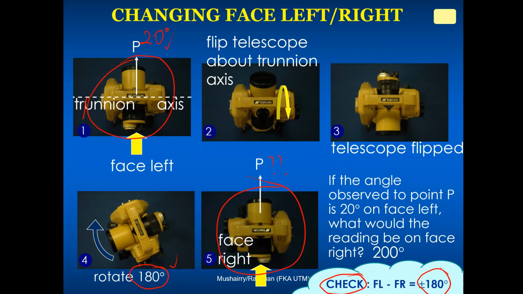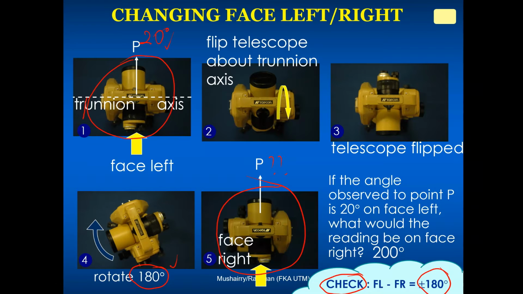We cannot say 180 exactly because we might have errors in our measurement. But this is something you always have to do when you measure phase left and phase right, just to make sure that you are reading the right numbers. Anything close to 180. So that is for your horizontal angle.